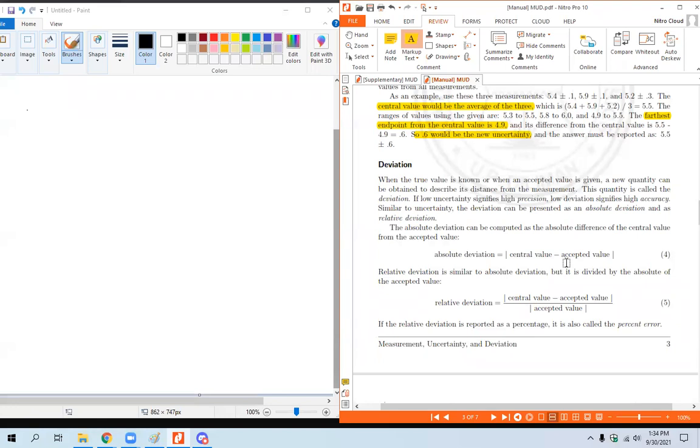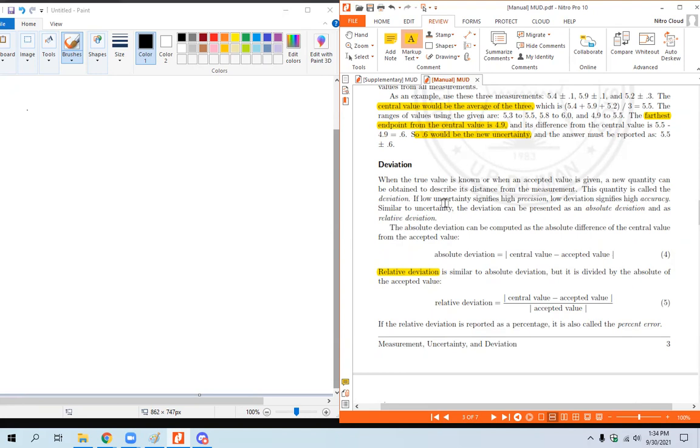Central value is your experiment, and accepted value is your theoretical or true value. So similarly, kapag relative deviation naman, you just divide everything by your accepted value. It's like a percentage, basically.